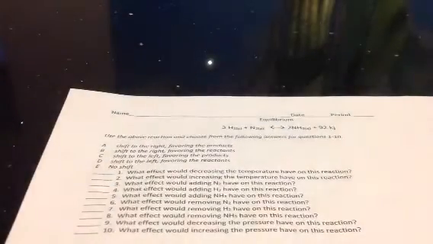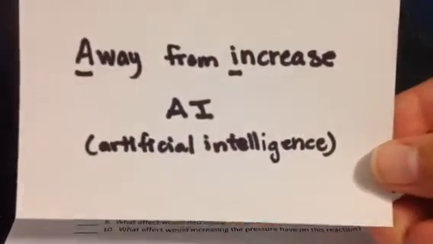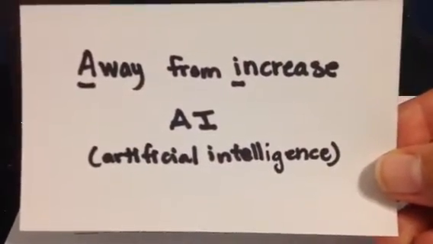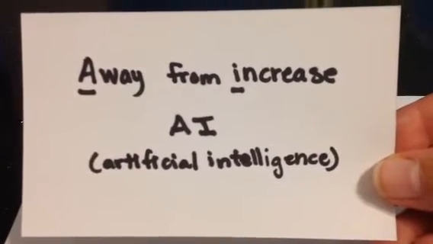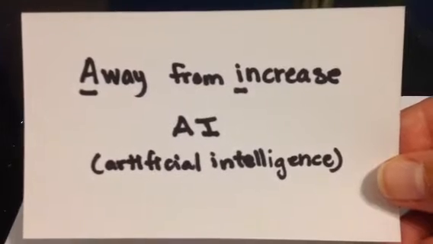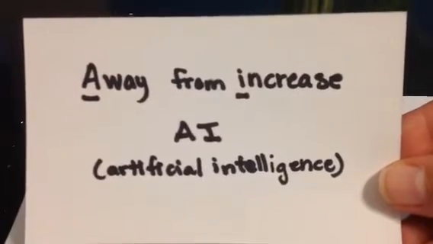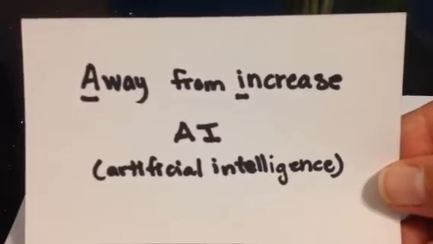And you are going to draw an arrow away from an increase. So both of those letters are vowels. So I say AI, artificial intelligence. So the key words for me for memorizing what to do for an equilibrium expression is artificial intelligence and touchdown.